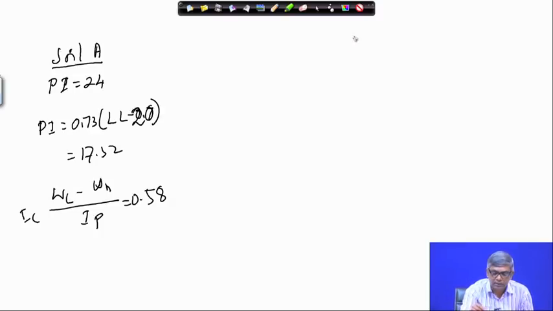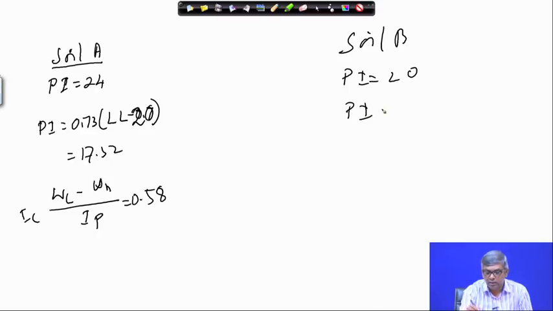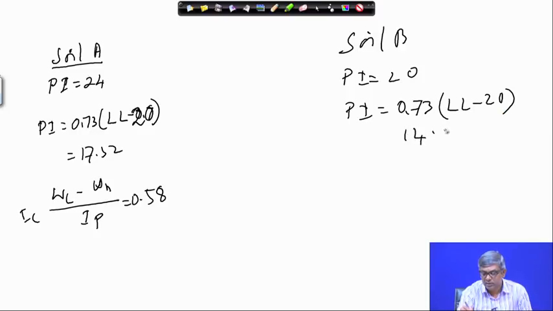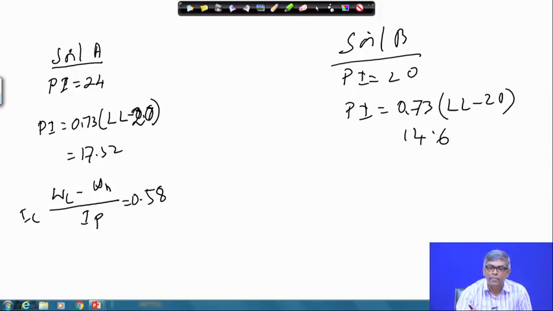Similarly, soil B will have PI equal to 20, and from the A-line equation, 0.73 times (liquid limit minus 20), the calculation gives 14.6. So this soil is also above the A line, that means it is also clay. From the range of liquid limit I can decide whether it is highly plastic, medium plastic or low plastic.